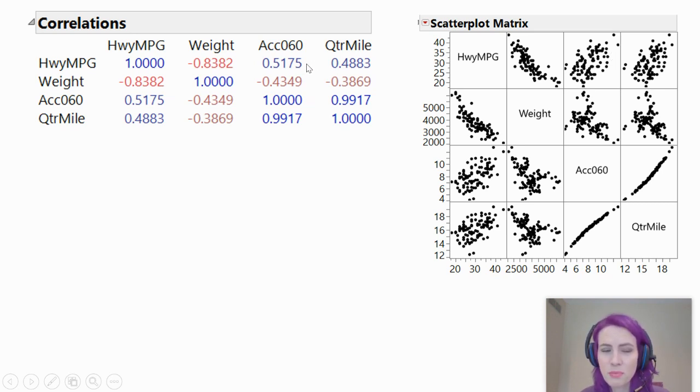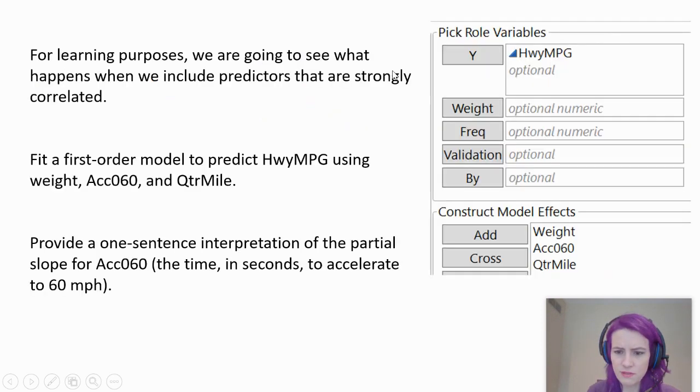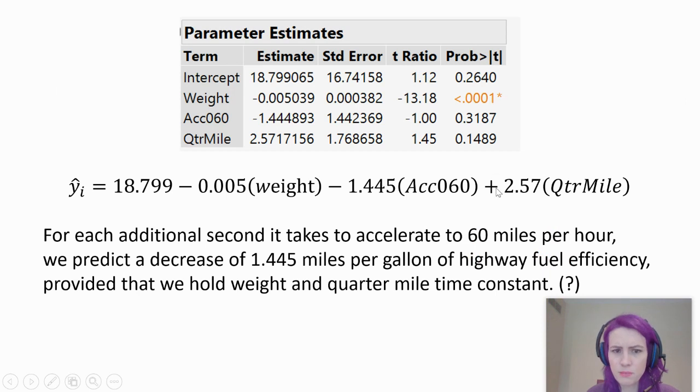We had positive 0.5175 as the correlation coefficient. So the sign of the correlation here should match the sign of the partial slope. For weight it did, it was negative. For quarter mile, I think that one was positive. Yeah, positive 2.57. But for acceleration, it was actually backwards.